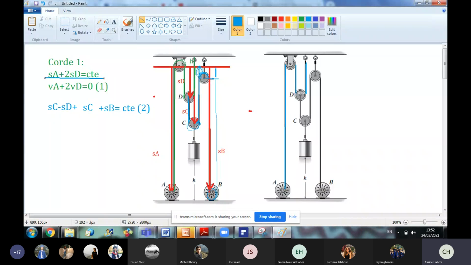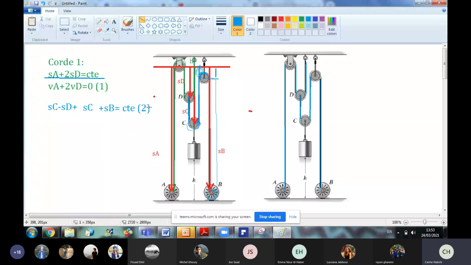For the second chord, this part is SC minus SD. Then this part you have a constant. Then this part is SC but minus a constant, so the constant will be lumped with the other constants. So until now I have SC minus SD, plus SC another time, and finally I have this distance, which is SB minus a constant, so it's SB.